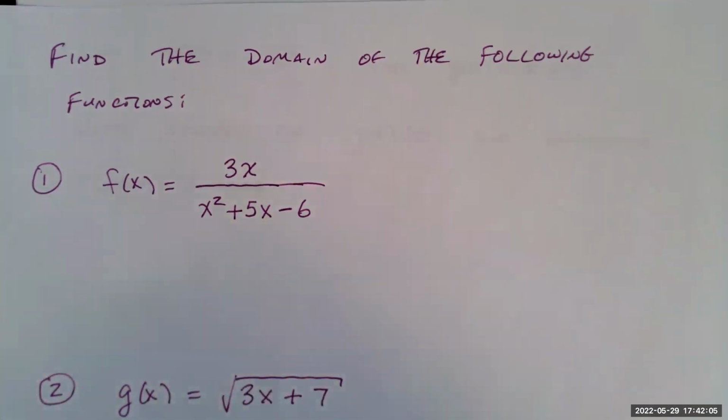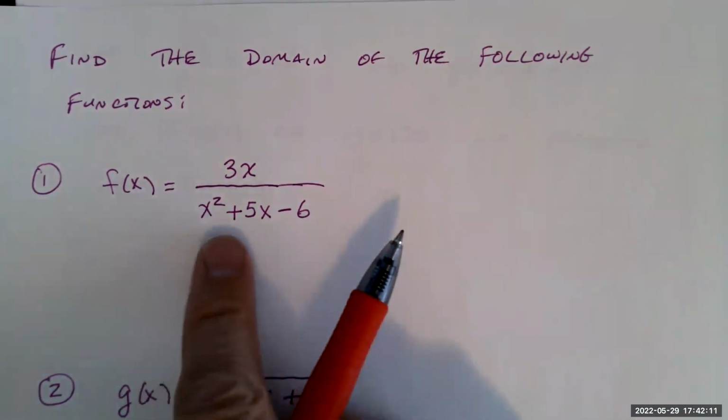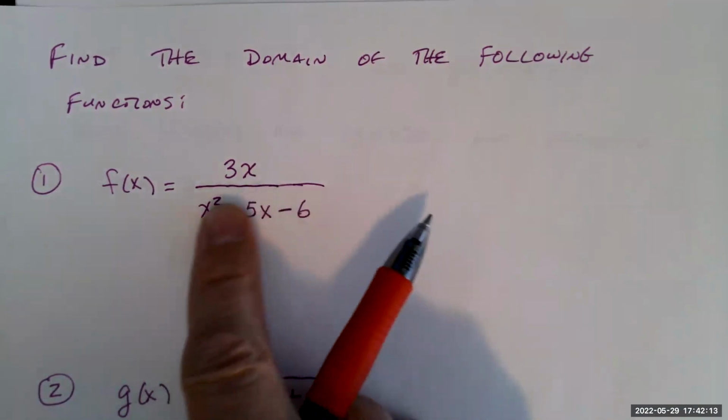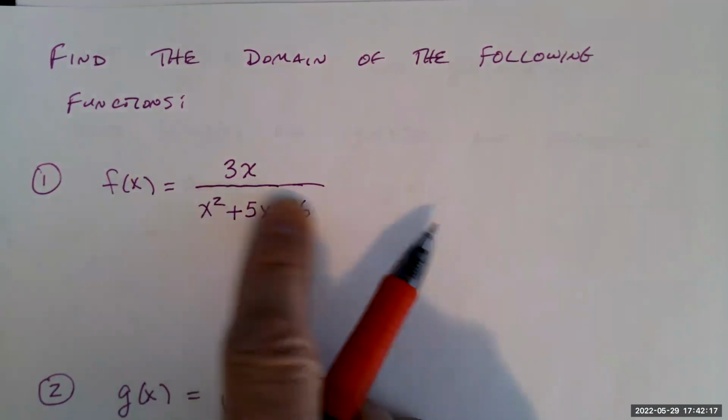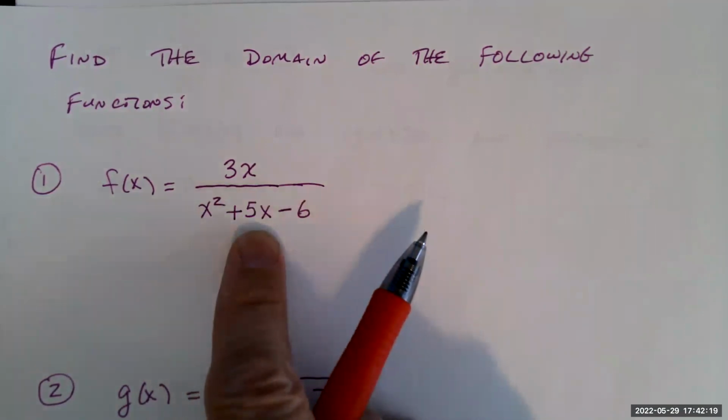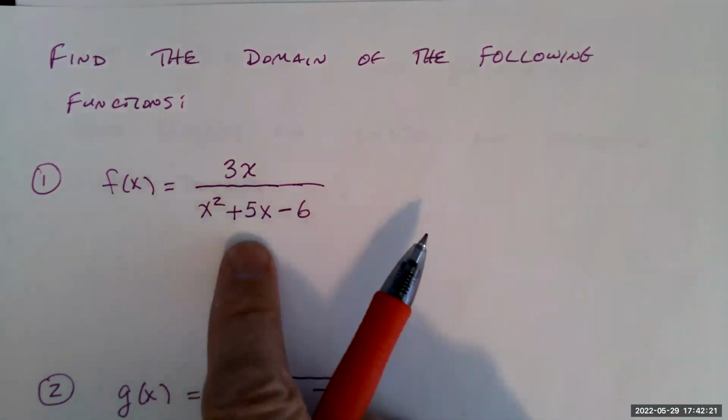Domain is all the values of x for which we get a real number output. And you can see a problem when we're dividing by x squared plus 5x minus 6. If there's any value of x that makes that denominator 0, we've got a problem, right? Division by 0 is going to result in an undefined operation. It's not going to be a real number output.